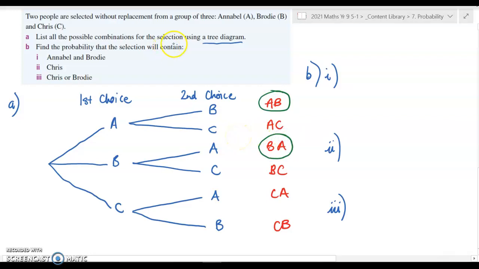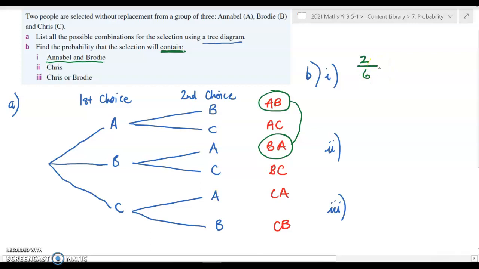Now, all it says is that it will contain Annabelle and Brodie. It doesn't say in that particular order. So, in other words, I'm going to count both of these. So that means that there are 2 outcomes out of a total of 6.